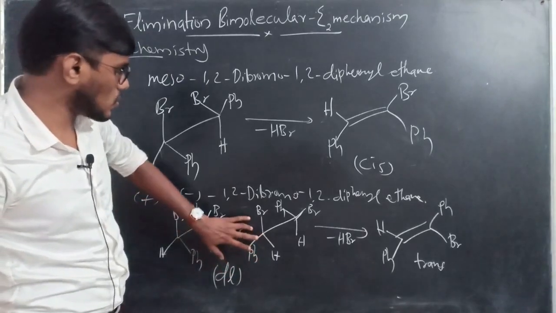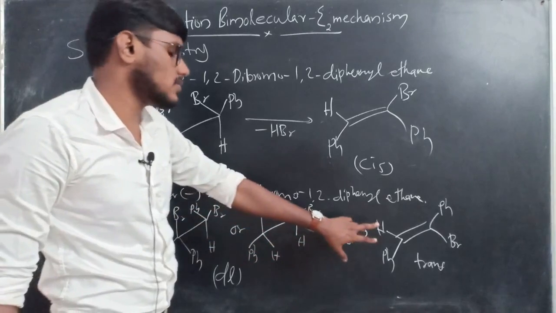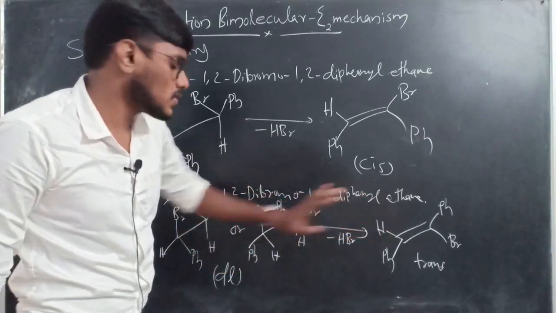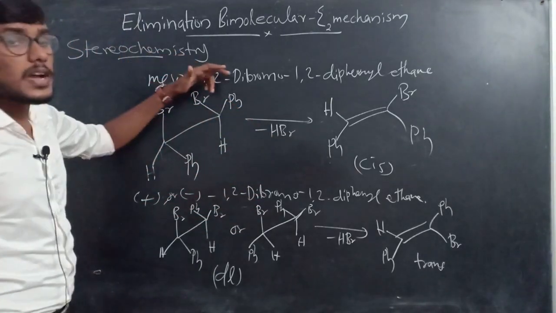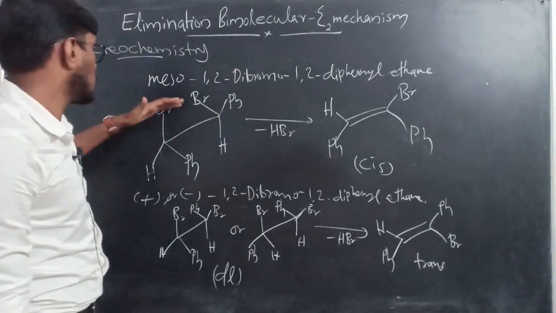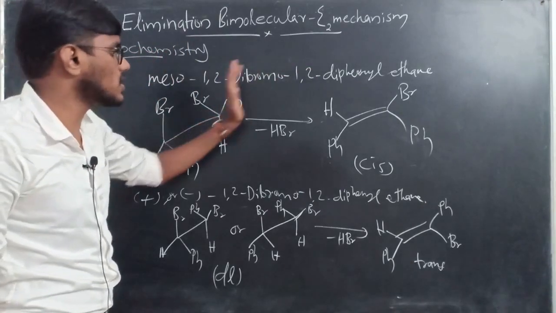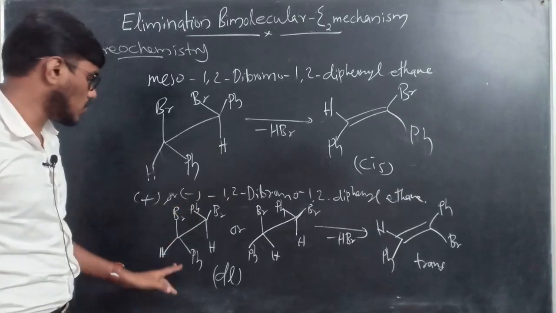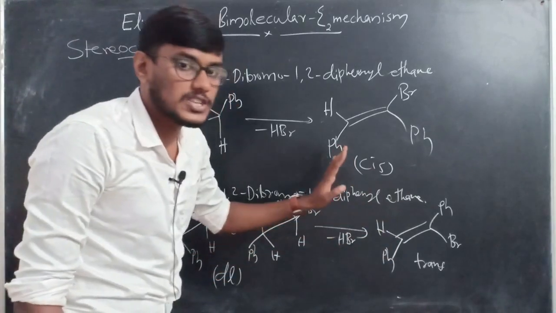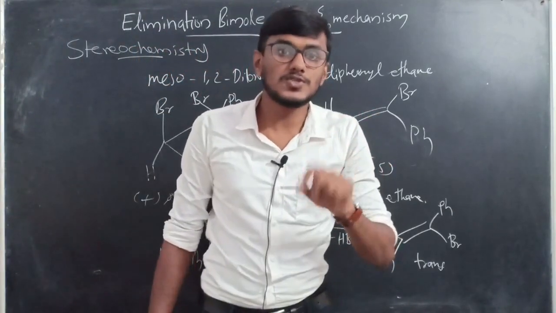This compound also eliminates HBr and gives the same product like this. So we can conclude that the E2 reactions are stereospecific. When we take the meso form of this compound, it gives the cis product. If we take the plus or minus form or DL form, it gives the trans product. That is why we can say that E2 reactions are stereospecific.